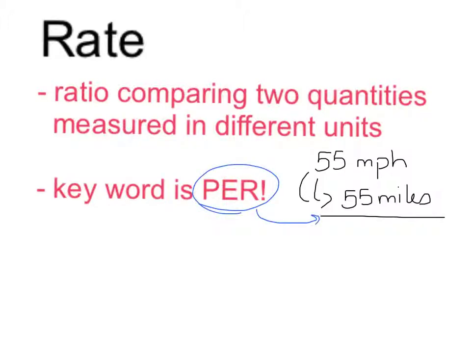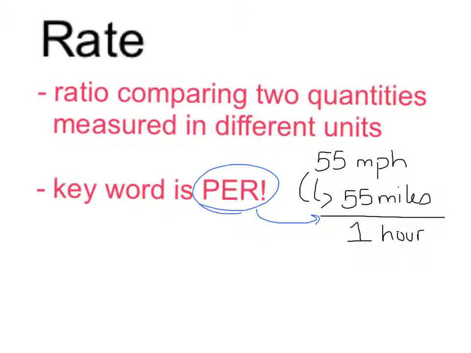And that's where I'm going to put my fraction bar, where I'm going to put my division. It's 55 miles per hour. And how many hours am I talking about? Well, I'm really just talking about 1 hour. If I'm saying someone's going 55 miles per hour, I'm talking about somebody going 55 miles per 1 hour. 55 miles in 1 hour.